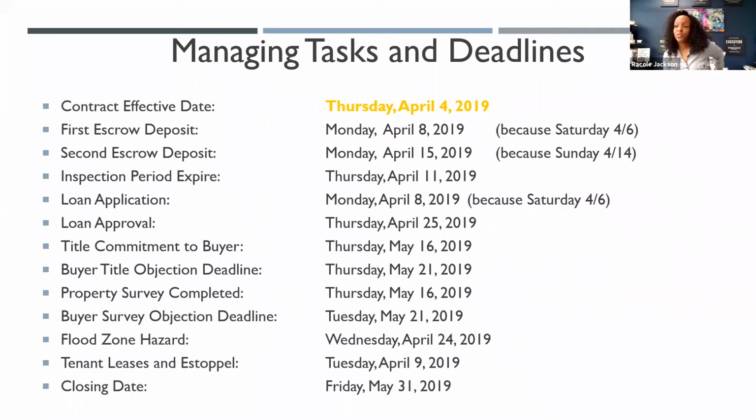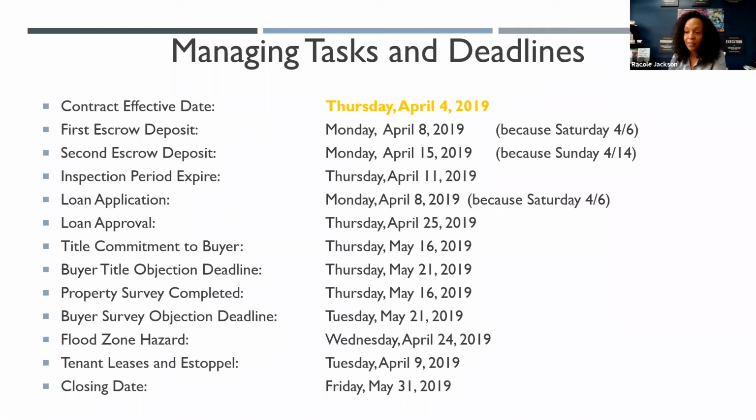First escrow deposit is due April 8th because 4/6 is a Saturday. And the second escrow deposit is due Monday, April 15th because 4/14 is a Sunday. And the loan application is due Monday, April 8th because 4/6 is a Saturday.